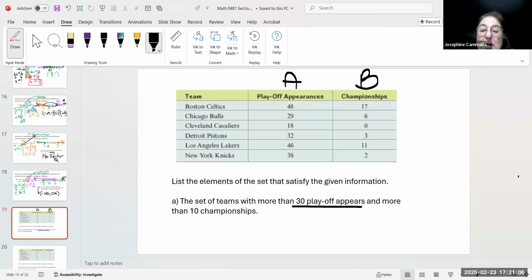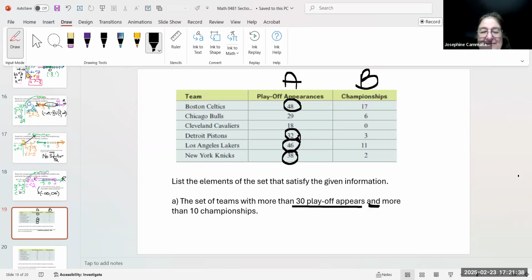Look at playoff appearances. Where do we have more than 30? Well, first off, we have the Boston Celtics. 29 is not more than 30. Neither is 18. The Detroit Pistons, the Lakers, and the Knicks.